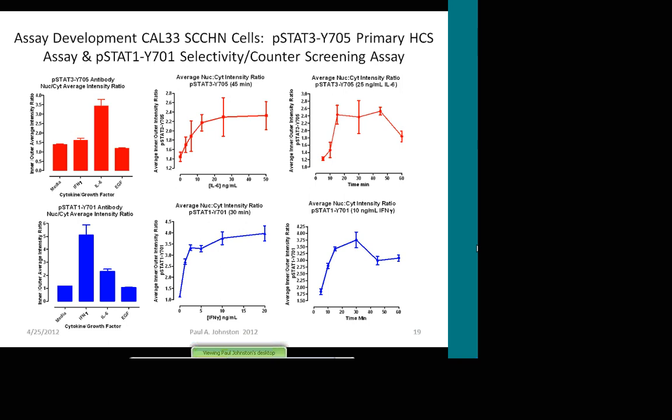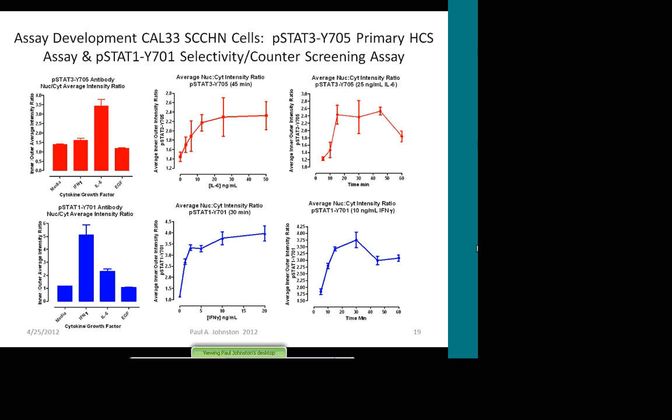You can see that IL-6 is the most efficient activation signal. Here we're plotting the inner-outer average intensity ratio as a measure of activation, and you can see that we also did an IL-6 and an interferon gamma concentration response curve, as well as a time course of induction.